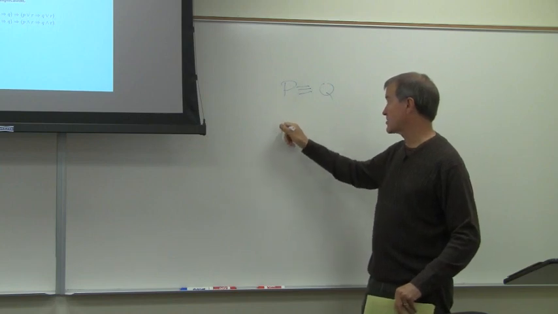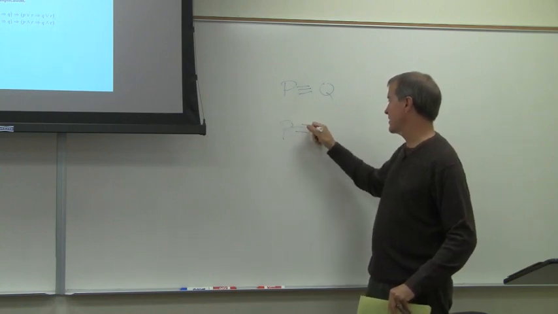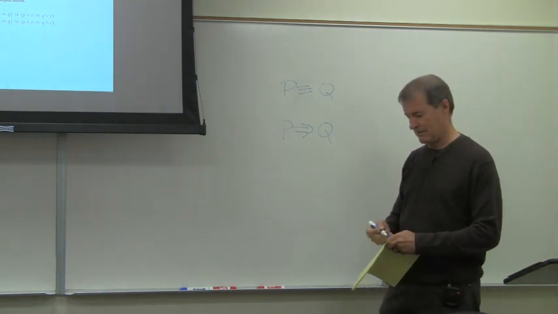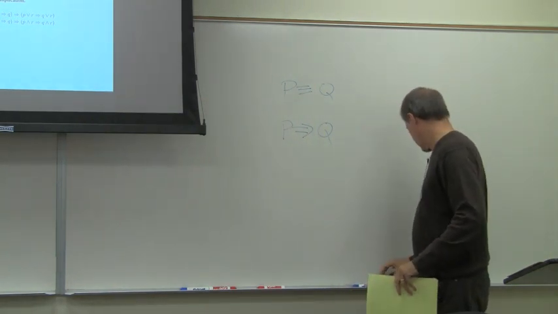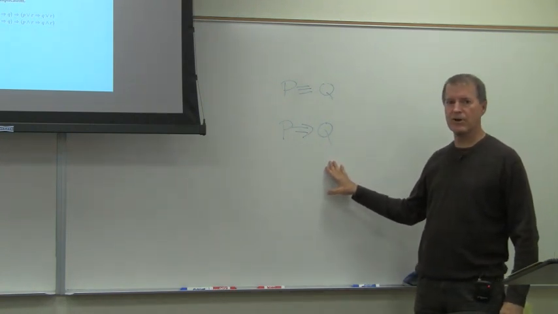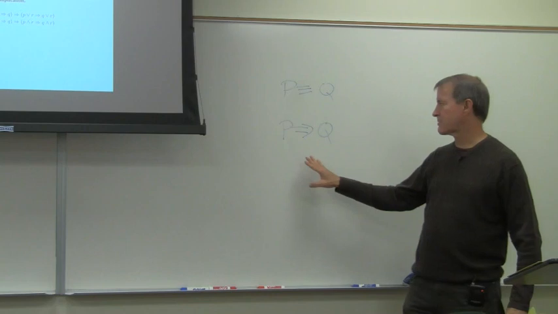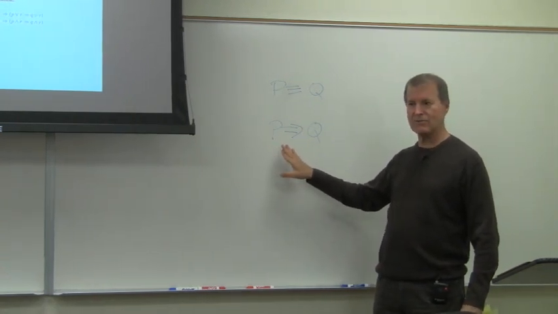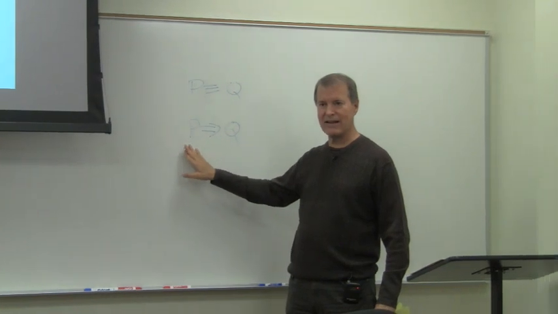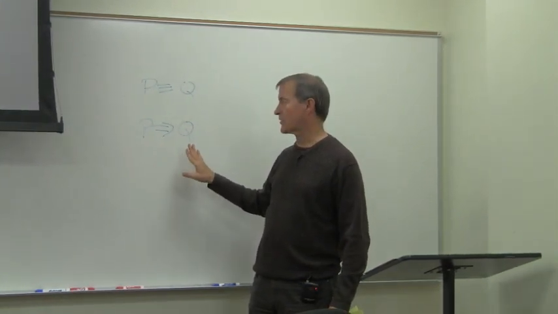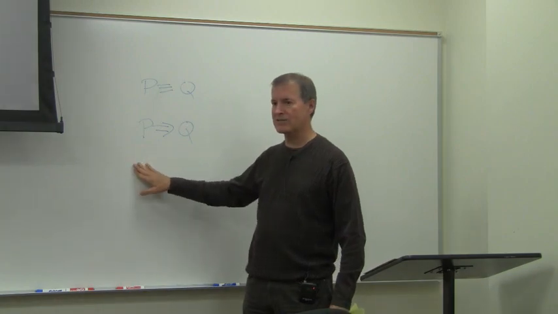Suppose now we have something like P implies Q. Because of mutual transitivity, it's possible to start with the antecedent and get it to imply the consequent, or you could start with the consequent and get it to follow from the antecedent.